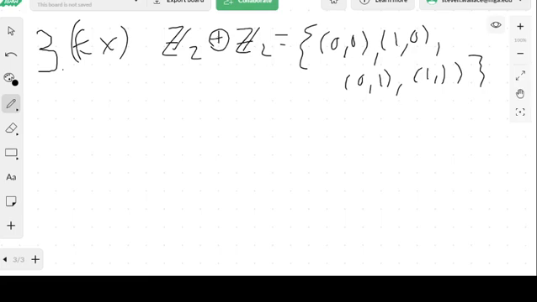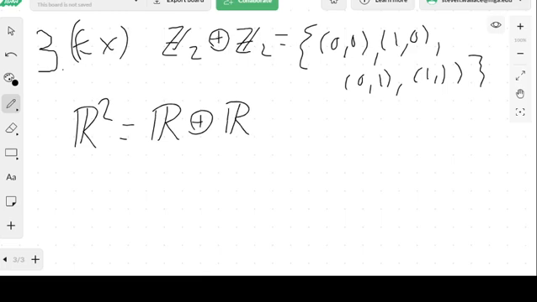Then what about the plane? Okay, R2. Well, that's as a group, not a ring. That's just our external direct product R direct sum R: ordered pairs where you add them component-wise, add the vectors component-wise.